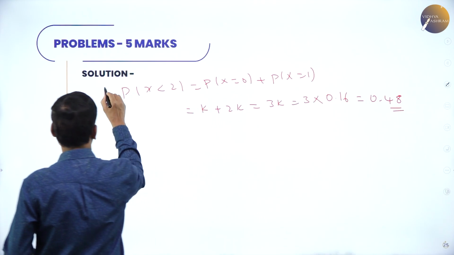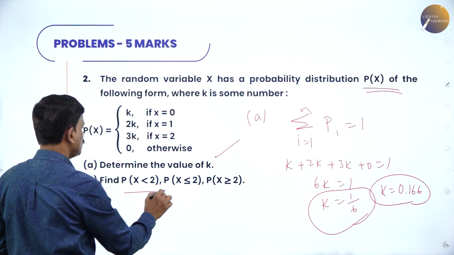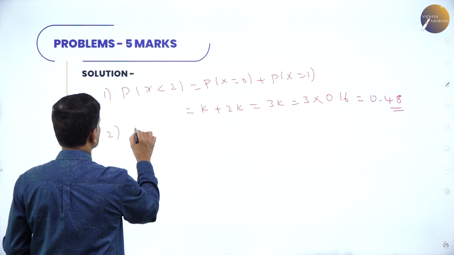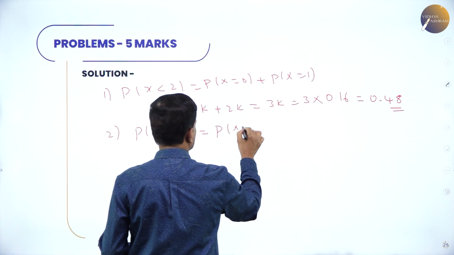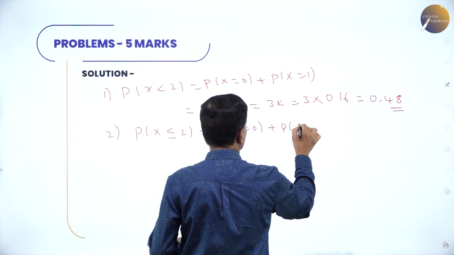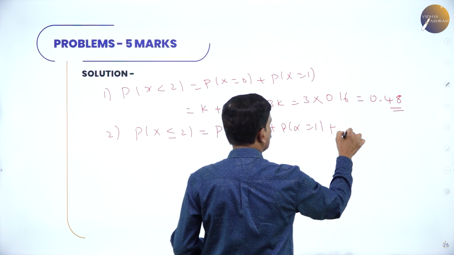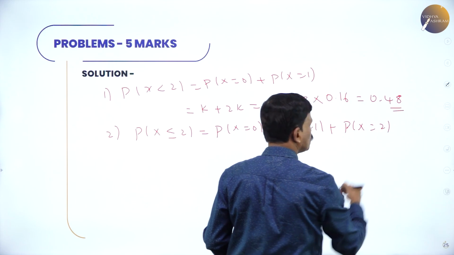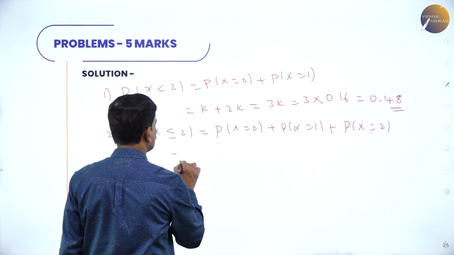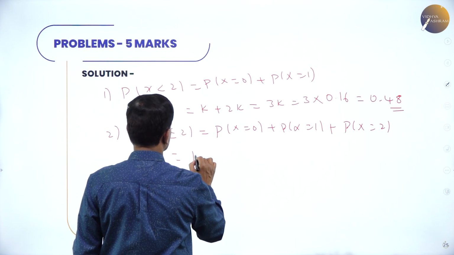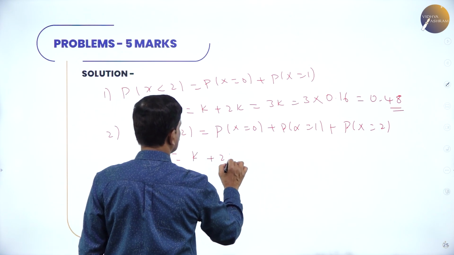Now, move on to the second answer. What is the second? P of x less than or equal to 2. P of x less than or equal to 2 means P of x equal to 0 plus P of x equal to 1 plus P of x equal to 2. In the first case, less than 2. In the second case, less than or equal to. When x is equal to 0, it is k. When x is equal to 1, it is 2k.